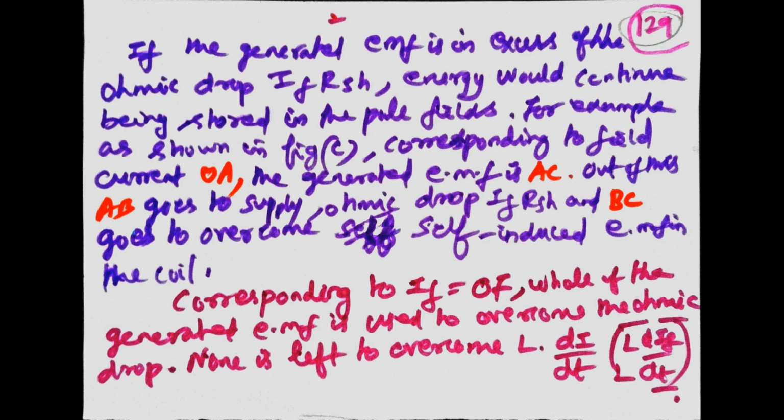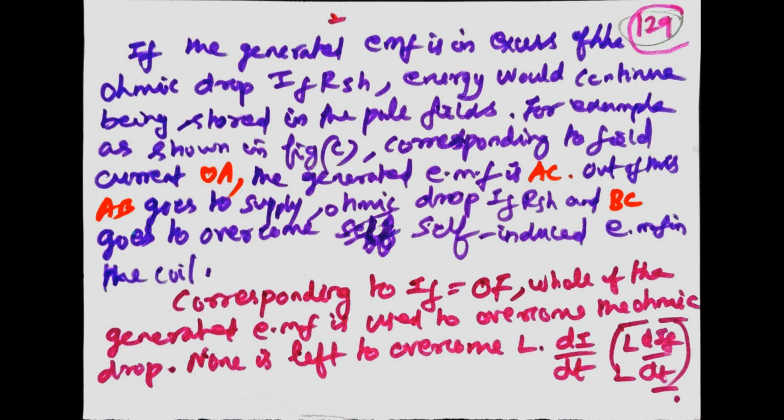If the generated EMF is in excess of the ohmic drop IF RSH, energy would continue being stored in the pole fields. For example, as shown in figure C, corresponding to field current OA, the generated EMF is AC. Out of this, AB goes to supply the ohmic drop IF RSH, and BC goes to overcome the self-induced EMF in the coil.